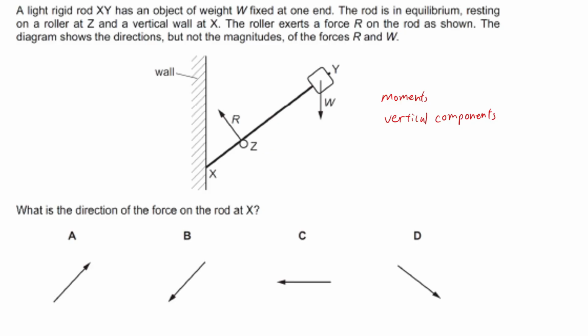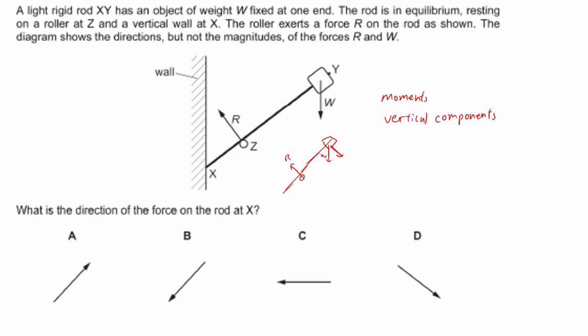And one way to do that is to actually assume that the wall does not exist, for example. So if the wall does not exist, we have this force R, right? And then we have our weight here that goes down at W and has some moment force perpendicular to this.